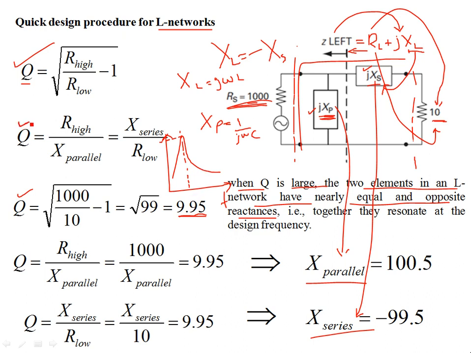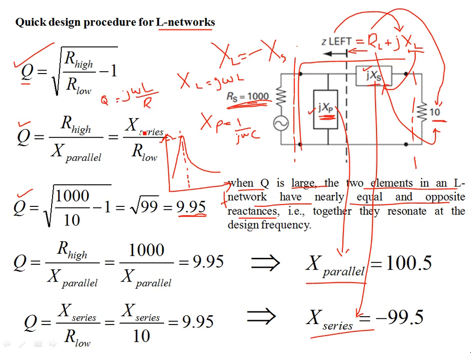And then this Q can be shown, for example, for the parallel shunt reactive resonant circuit and for the series resonant circuit. This can be written as R high over X parallel, and it can be shown to equal X series over R low. For example, if you recall, for a series RLC circuit you have omega L over R. That's your Q, the quality factor of the circuit, for a series RLC circuit.